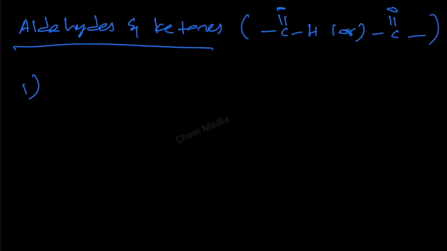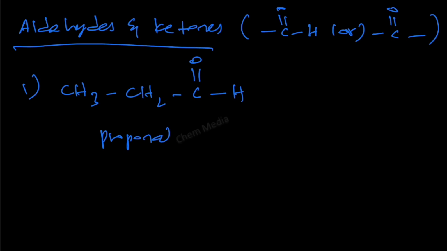Number 1, we are going to write propanal, that is CH3, CH2, C double bond O, H. The IUPAC name for this molecule is propanal, and the same in bond line notation would be 1, 2, 3 and then carbonyl group.